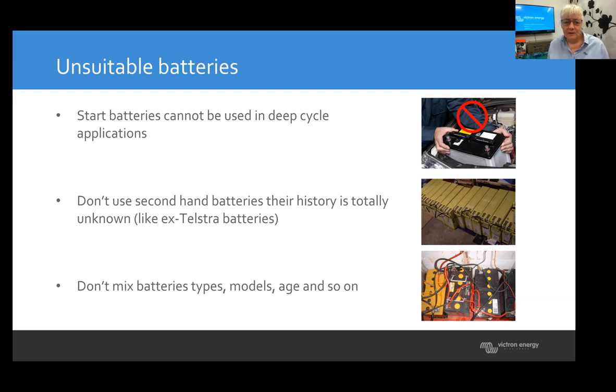The second problem we see is people using second-hand batteries, used batteries, like ex-Telstra. For the non-Australians, Telstra is one of our telecom companies. Every now and then, when they redo some of their communication setups, they replace all the batteries and then sell ex-Telstra batteries on the market. Ideally, these batteries have usually been in a UPS-like situation, so they've never been quite empty.